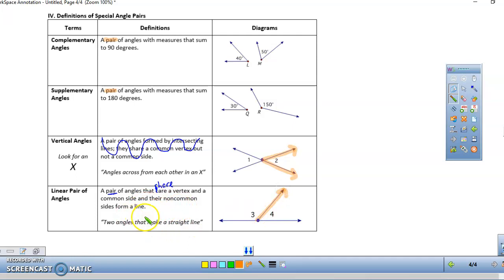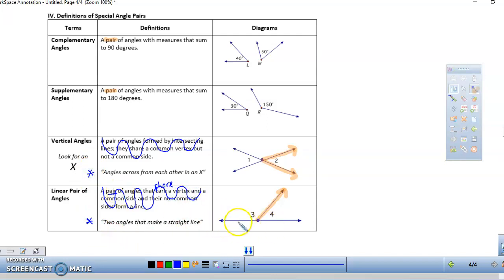But their non-common sides form a line. So notice that their non-common sides here on the bottom form a line. Really, the general definition is two angles that make a straight line. So you can just never mind this very technical definition and just remember the shortcut definition.